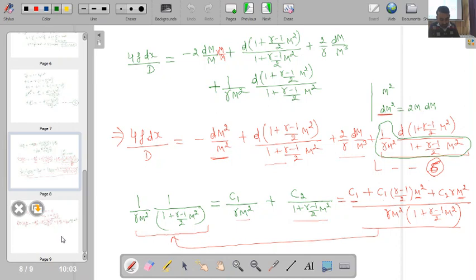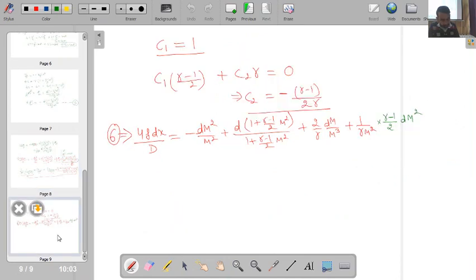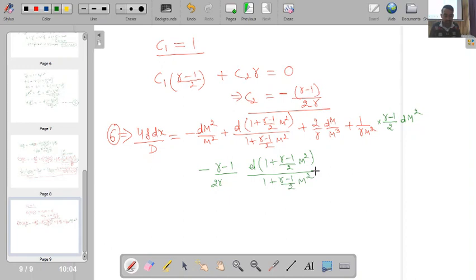What is the value of C2? So I will get minus of (gamma minus 1) upon 2 gamma into d of (1 plus (gamma minus 1) by 2 into m square) divided by (1 plus (gamma minus 1) by 2 into m square). Is this point clear? Up to this point, is it correct?